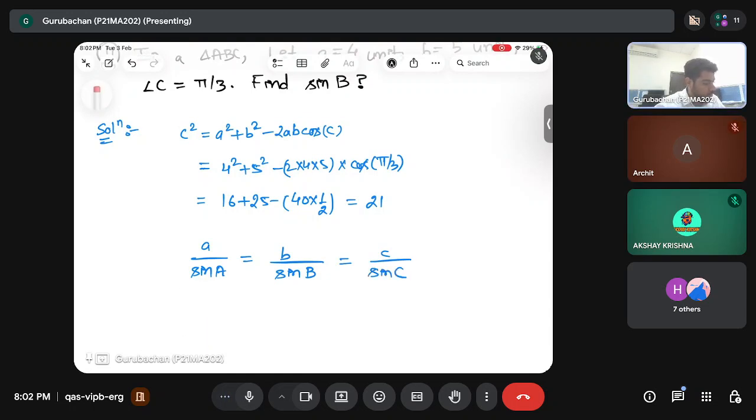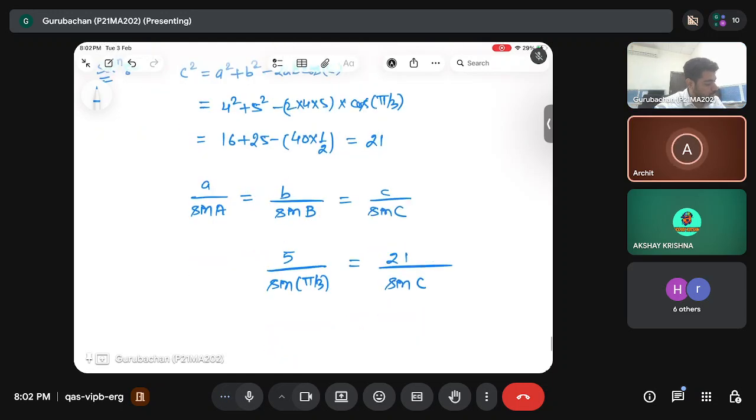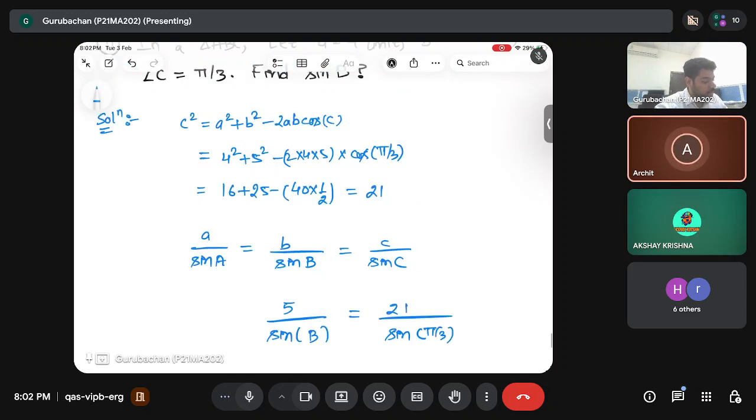So you know b, 5 by sin B, equal to root 21 divided by sin C. Sir, c is root 21. c square is 21.